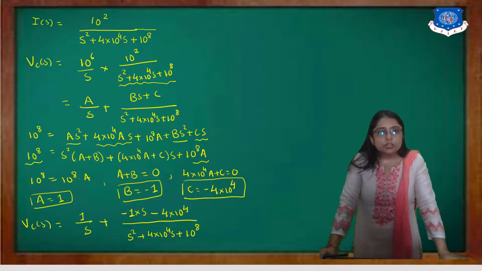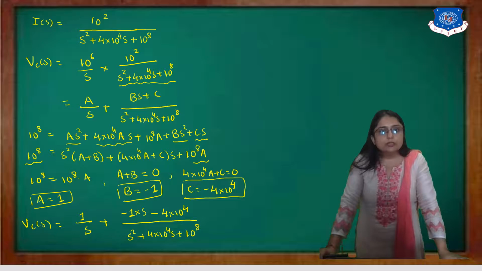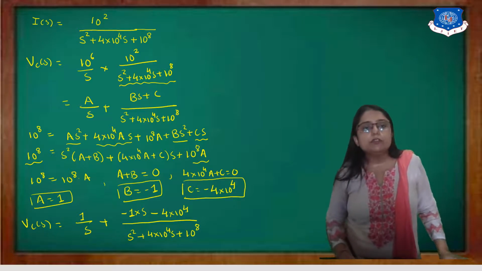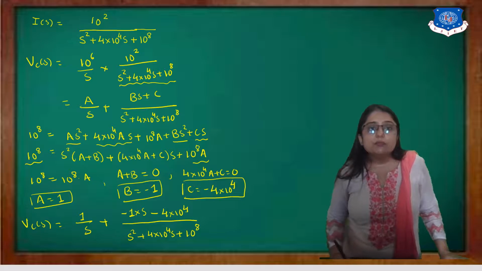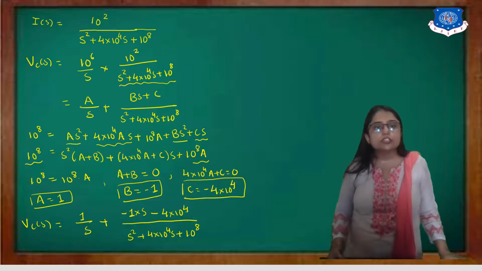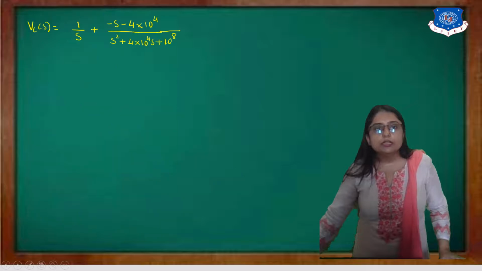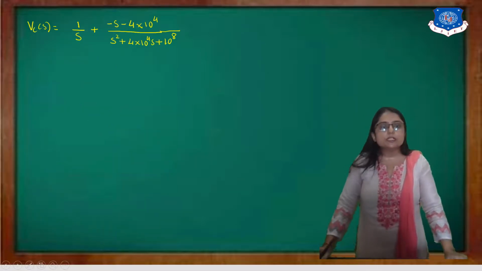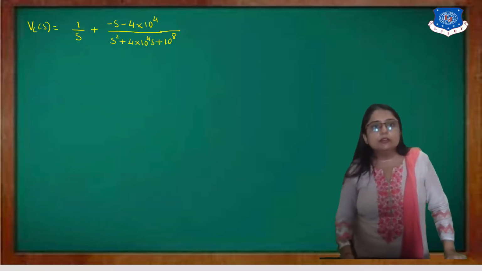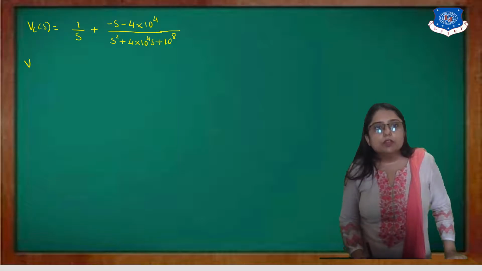So this is the equation of Vc of S. Now again, see, we know the inverse Laplace of 1 by S, that is 1. But here, as such, we do not have any direct formula to find the inverse Laplace of this function. So in the next slide, this is Vc of S. Now here, what we have to do?